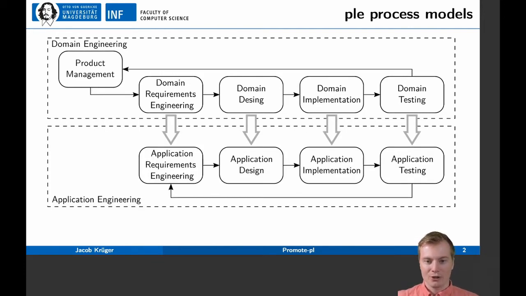And in application engineering, you somehow mirror some of the domain activities. That is, you do requirements engineering for the specific product you want to derive. You somehow customize the design according to the needs of this product to somehow fulfill the requirements that are tailored to a specific customer. Then you implement, for example, product-specific parts, and then you test the application before shipping and selling it to the customer.